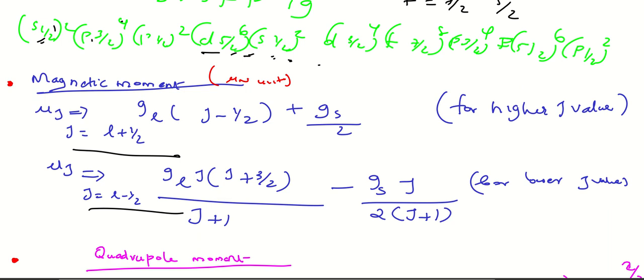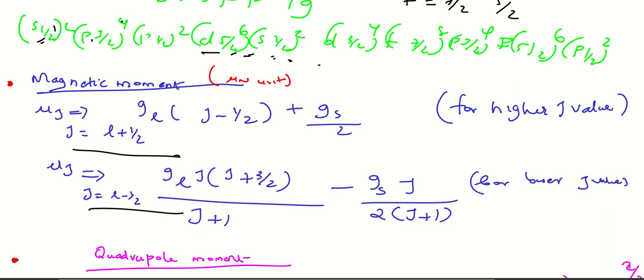For J is equal to L minus half, GL into J plus 3 by 2 divided by J plus 1 minus GS J by 2 divided by J plus 1.